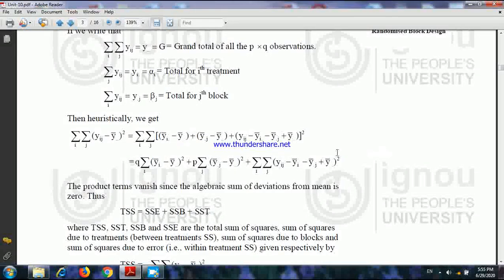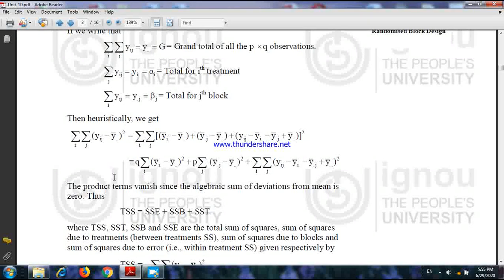Okay, I repeat. This is the total sum of squares, and this is called SS due to treatment, and this one is called SS due to block, and this is called SS due to error.